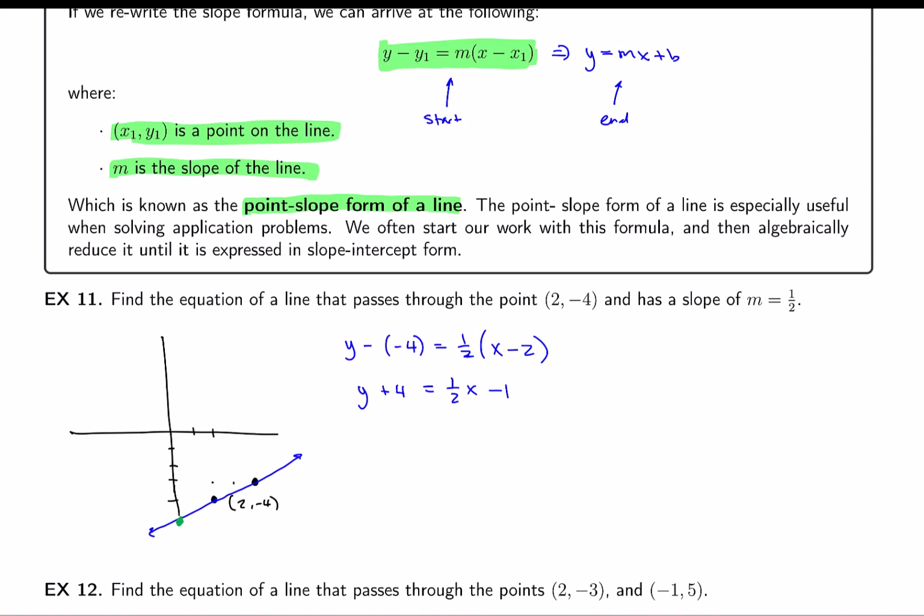If you subtract 4 from both sides, then what you end up with is y equals 1/2 x minus 5, just as we expected, but we had to sort of guess at what that would be by coming up with a graph first. You don't always want to come up with a graph to try and guess at what that's supposed to be. This is the easier way of doing things.